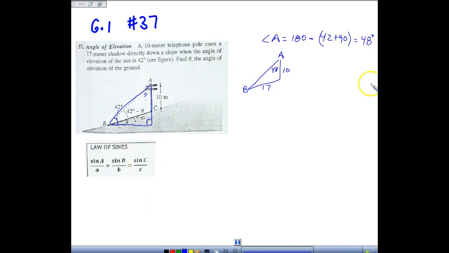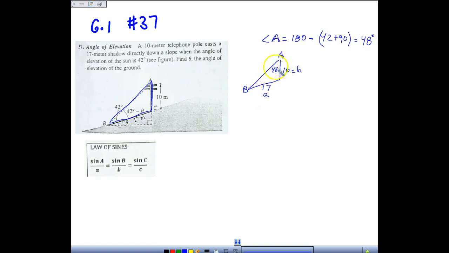Now that I've done that, I'm going to focus in on this smaller triangle, and I'm going to use the law of sines to figure out one of the angles in this smaller triangle. We know that angle A is 48 now, and little a is equivalent to 17, and little b is equivalent to 10.